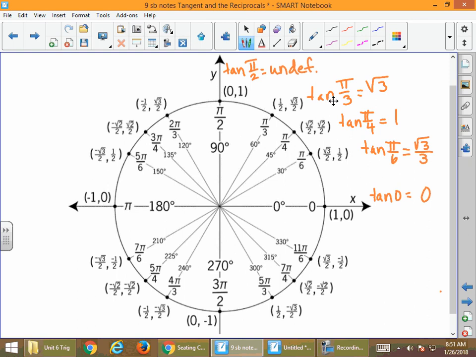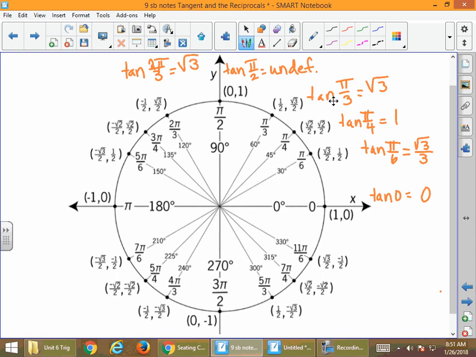I want to stress again that as we continue to go around this unit circle, the tangent of 2 pi over 3, our next value, is going to have the same numerical value as tangent of pi over 3, which is the square root of 3.